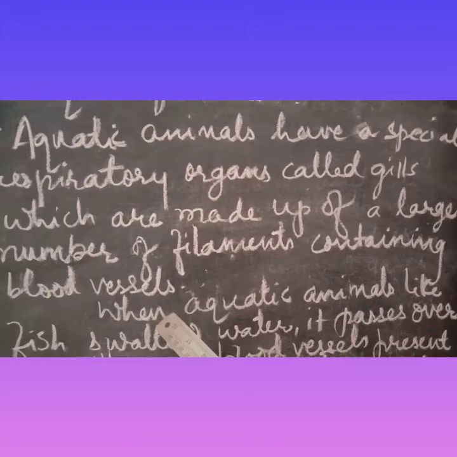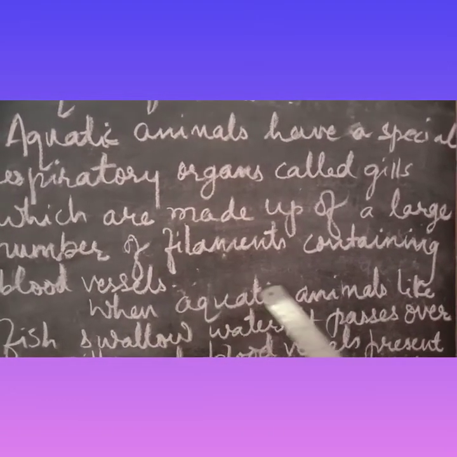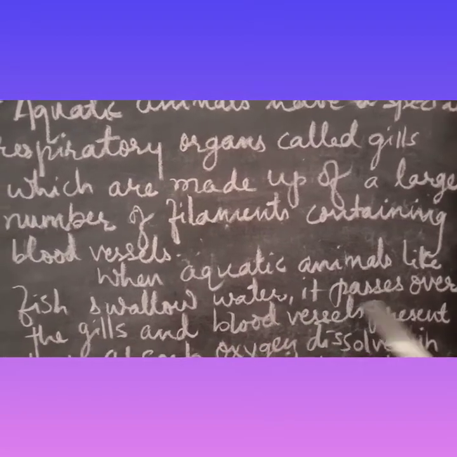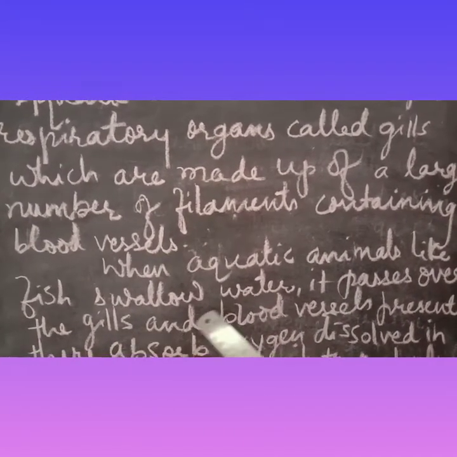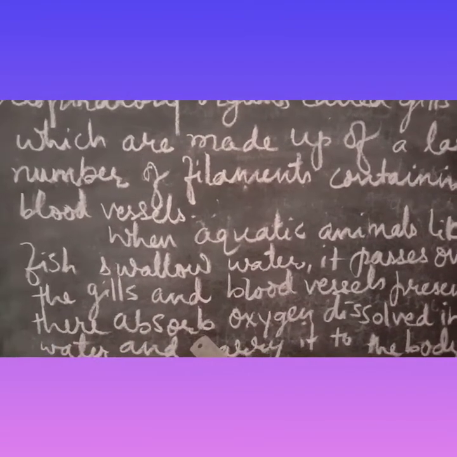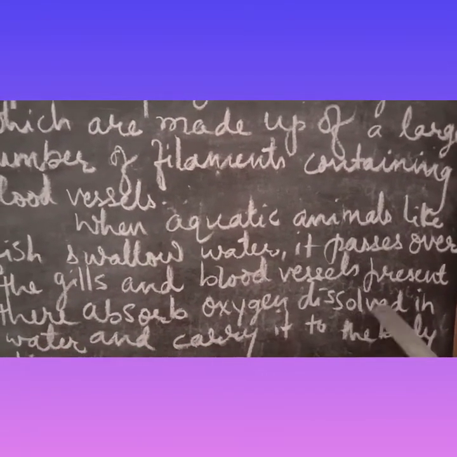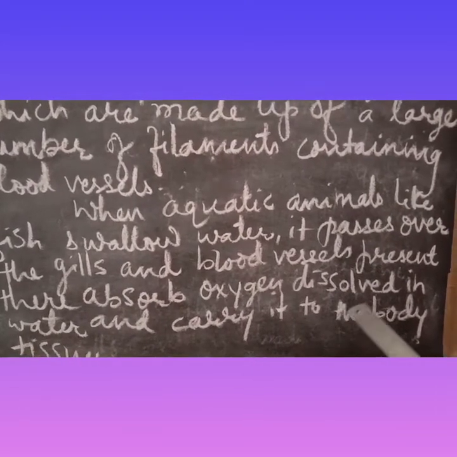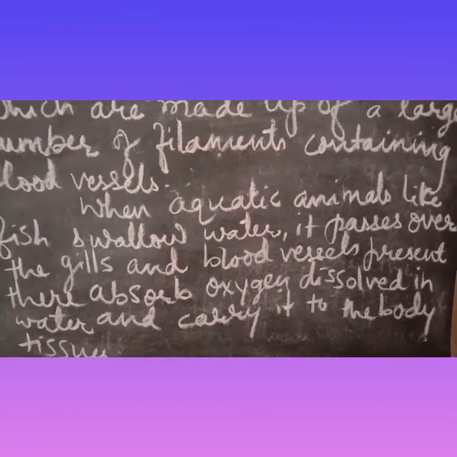Let's see the rest of the answer. When aquatic animals like fish swallow water, it passes over the gills, and the blood vessels present there absorb oxygen dissolved in water and carry it to the body tissues.